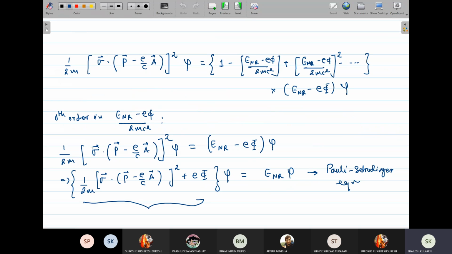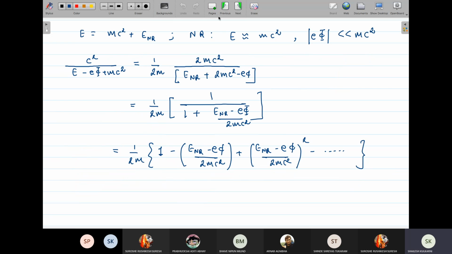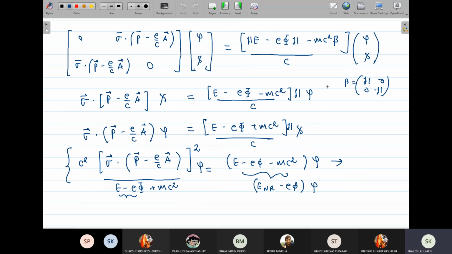And this is what we obtained: these are the two equations, one in phi and chi.